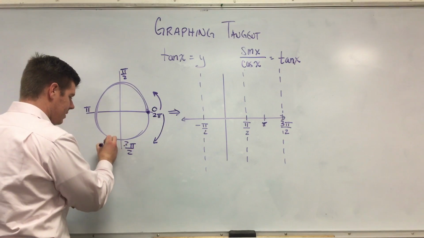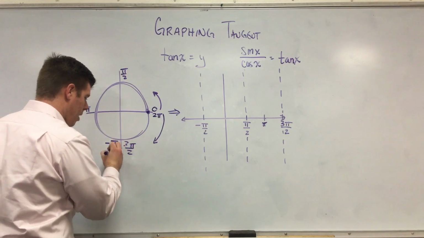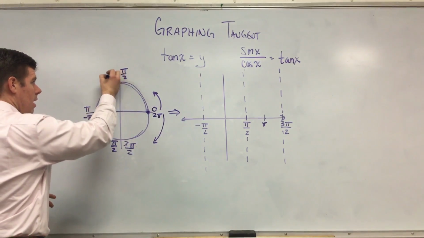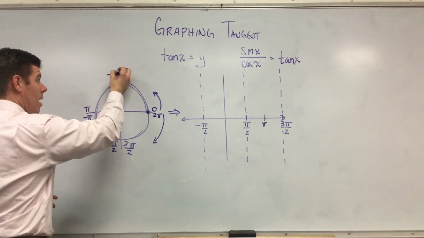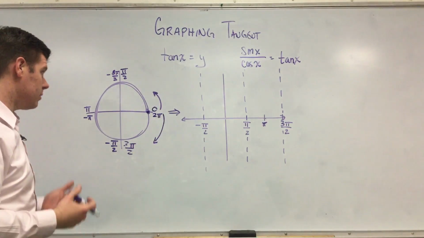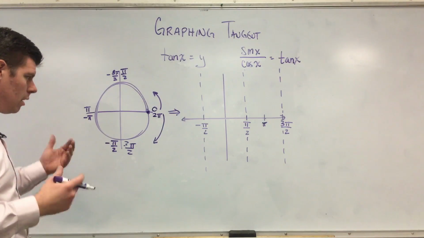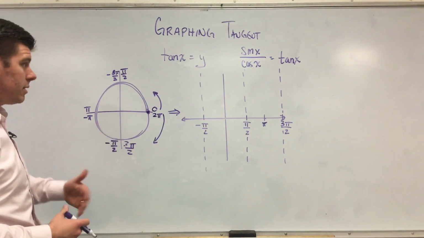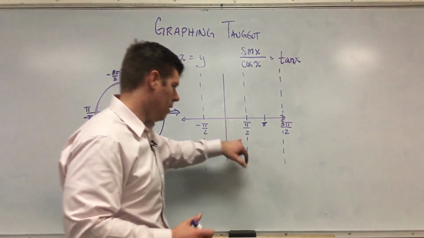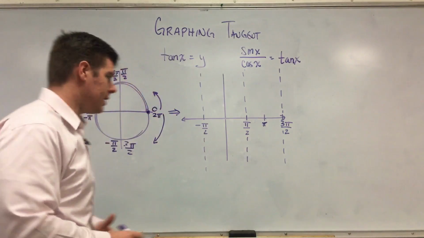This is going to be negative pi over 2. This will be negative pi. This will be negative 3 pi over 2, and then the 0 becomes negative 2 pi. This is going to come into play in a couple of seconds when I start talking about why the period is from negative pi over 2 to pi over 2.